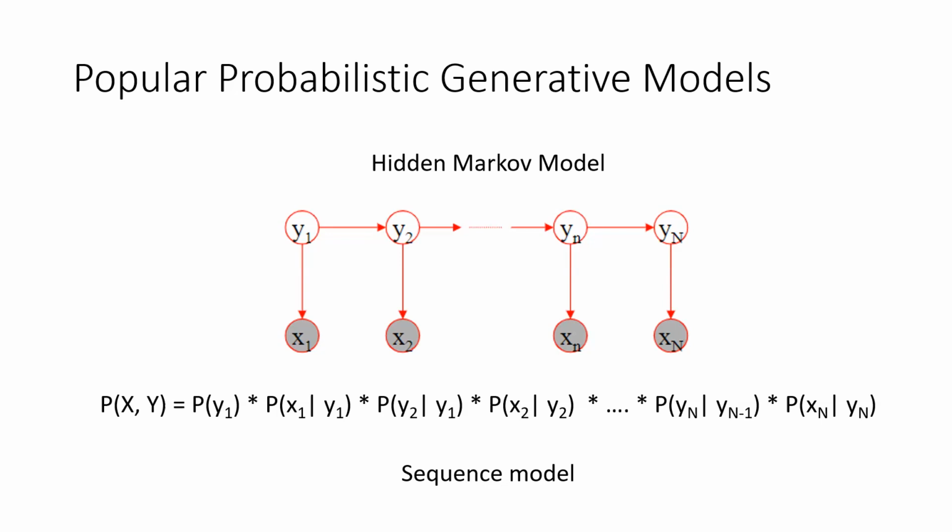agrees with the Markov condition, which says that the value of yn given yn minus 1, so that means the previous neighbor, the direct predecessor, knowing that, we don't need to know the values of any other earlier variables.